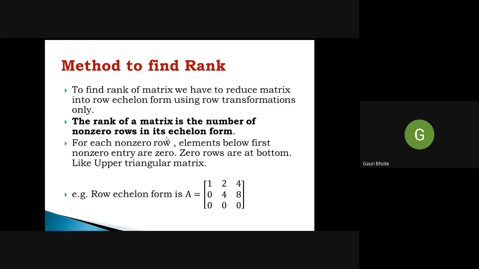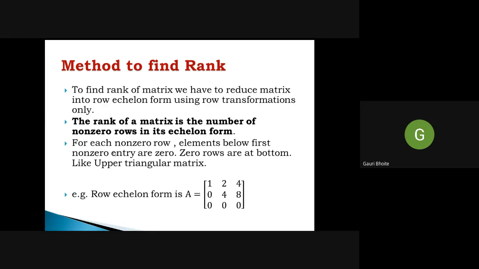Now, how do we identify that the given format is row echelon form? It is roughly an upper triangular matrix, meaning all elements below the diagonal are 0 and zero rows are at the bottom. Keep in mind, for each non-zero row, elements below the first non-zero entry are 0.